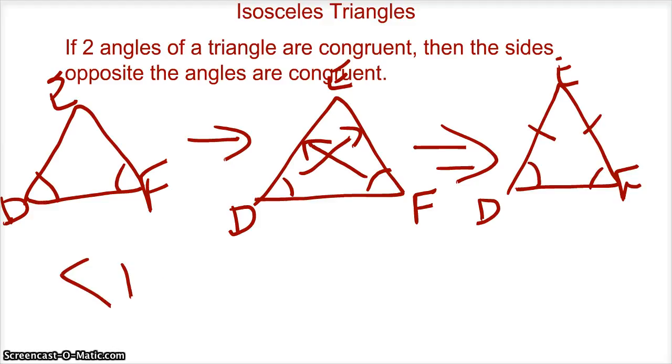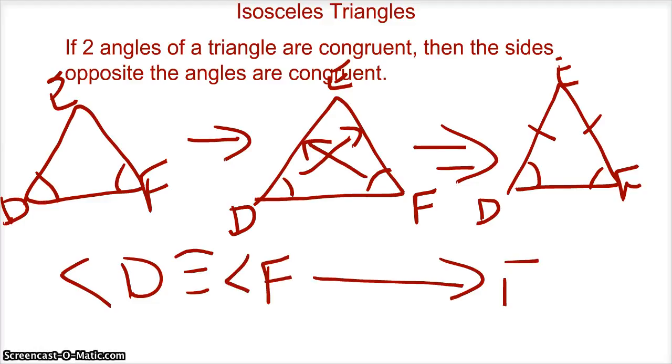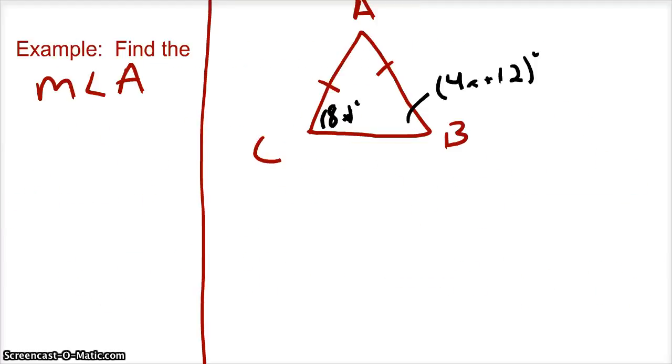So if angle D is congruent to angle F, then DE is congruent to EF. Okay, this is my example. Go ahead and press pause and write it down.